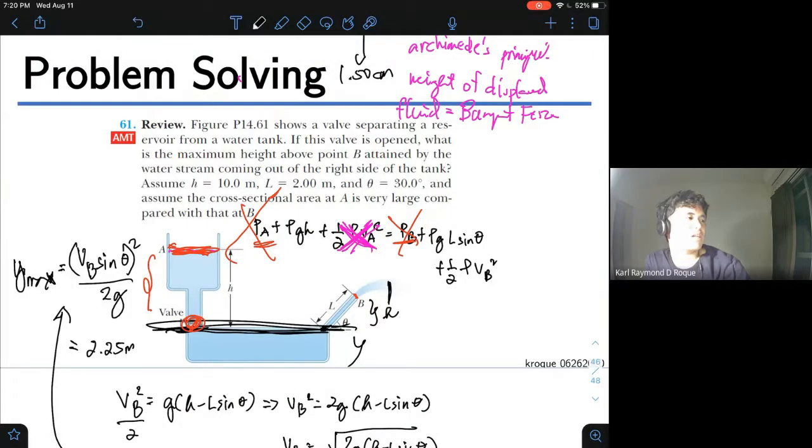Hanap tayo ng isa pa. Bernoulli's equation. Ano kaya maganda? O sige, let's try this.